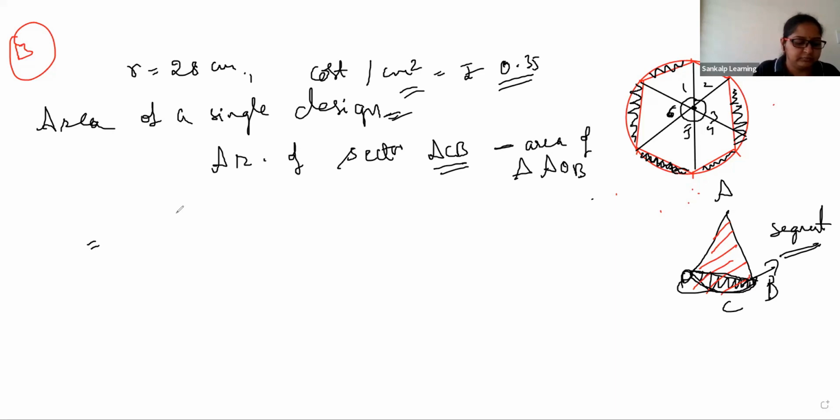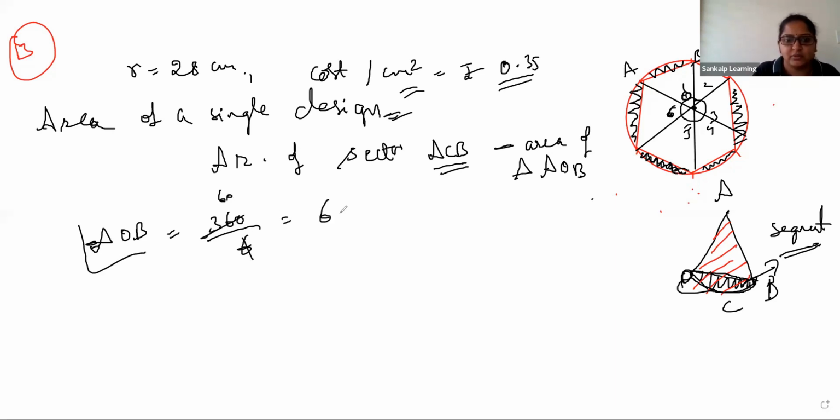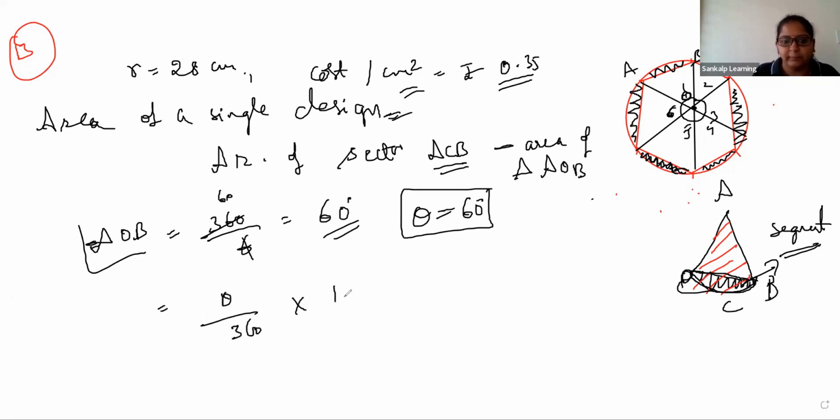Okay, so let this be O. So angle AOB is equal to 360 by 6, that is equal to 60. So theta is equal to 60 degree. And we know the formula, that is theta by 360 into pi r square, correct?